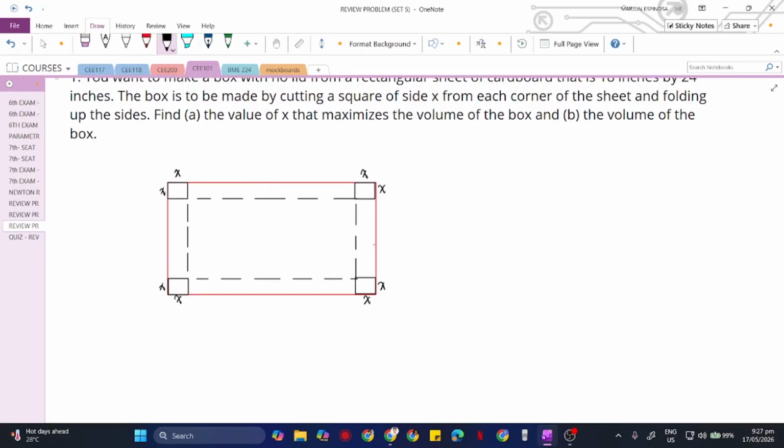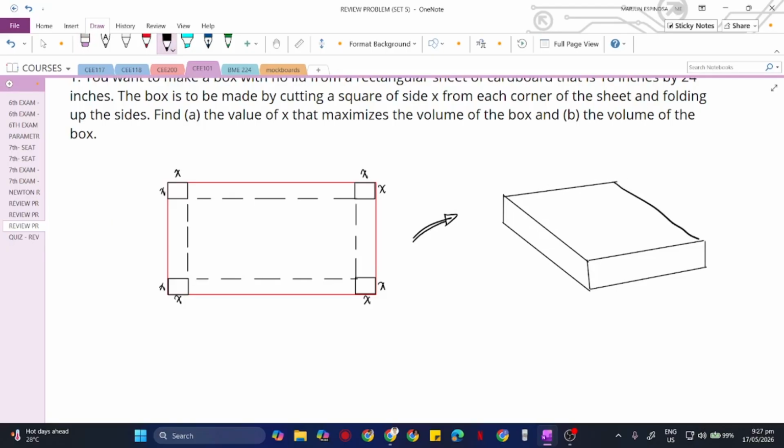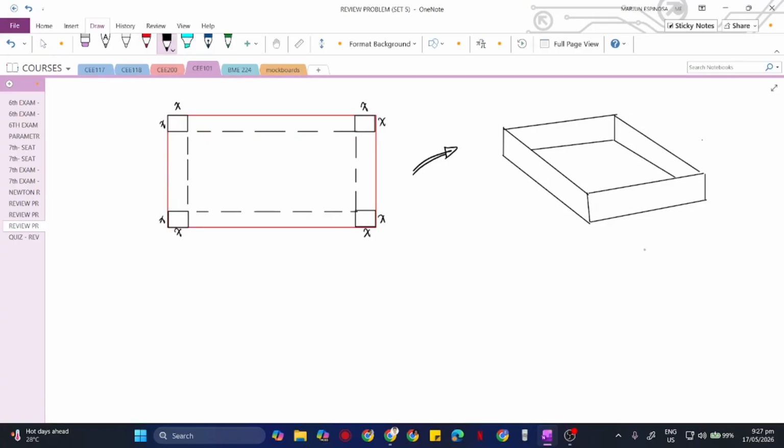These are the 4 sides, and then what we expect is we will be able to create a box like this, having no lid on top. So that would be our box.